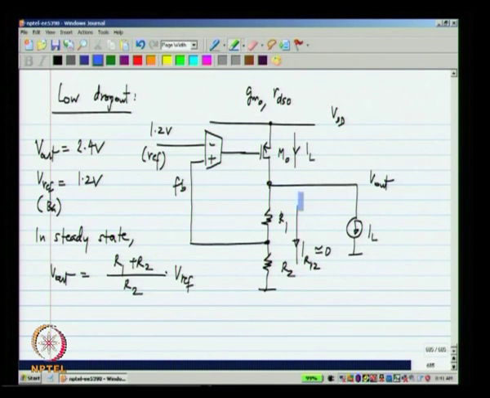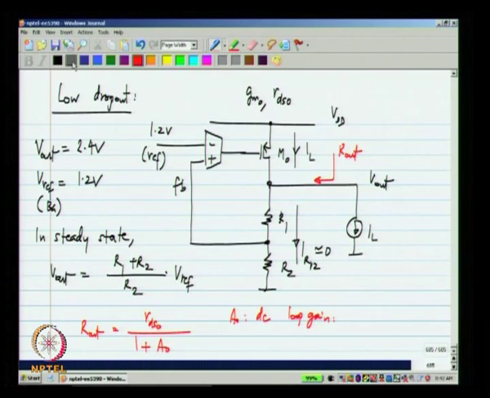So, what is the DC output resistance looking back into the circuit? I will not show it, but you can very easily analyze this circuit and see that it will be RDS 0 divided by 1 plus A naught, where A naught is the DC loop gain, and this corresponds to, let us say the DC gain of this amplifier is A1.